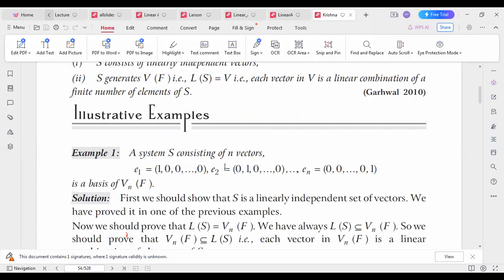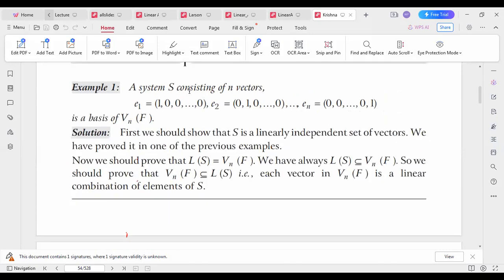Now, for example, a system S containing n vectors e1, e2, dot dot up to en is a basis of this space. First we should show that S is a linearly independent set of vectors. We have proved it in the previous example. Now we should prove that L(S) equals V, that means all the linear combinations of vectors.